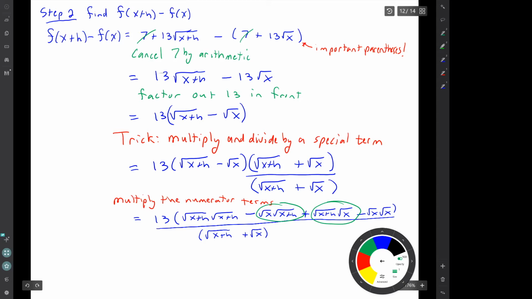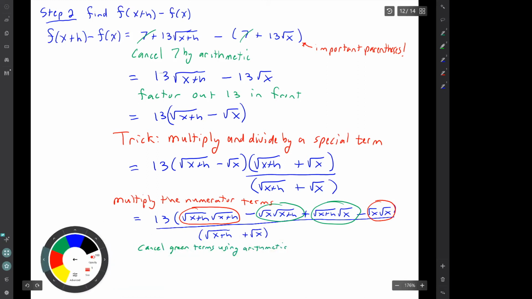Furthermore, these terms here can be simplified. Square root of x plus h times square root of x plus h is just x plus h. Square root of x times square root of x is just x. So when we simplify the red terms, that circled red term just becomes x plus h.